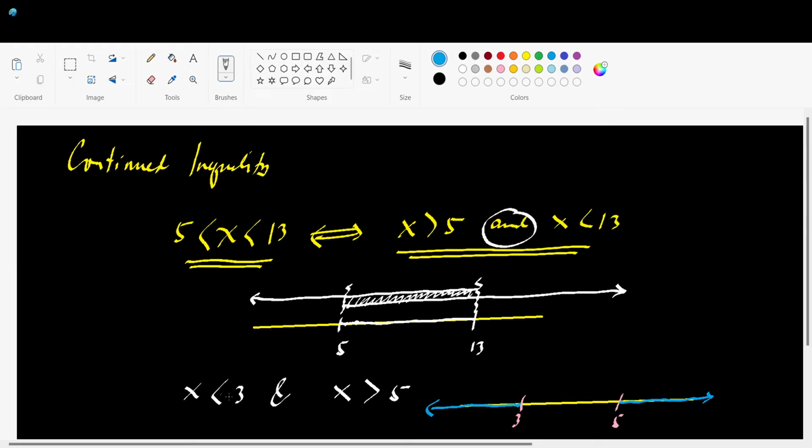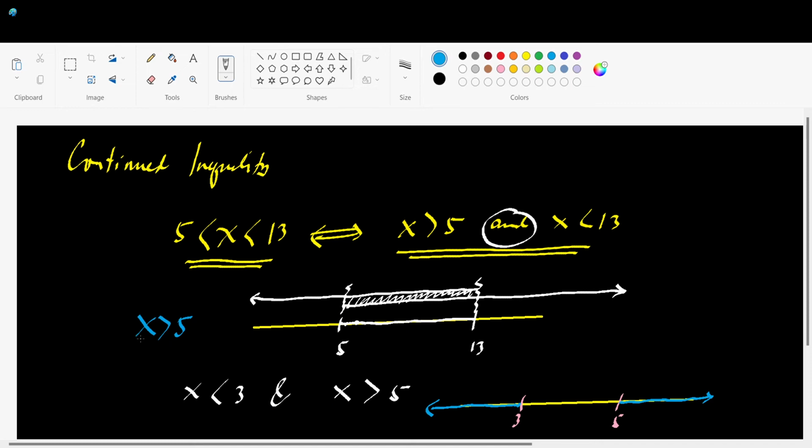We cannot write this as x greater than 5. Alright? Yeah, there's no way we can combine these two. We cannot write this as one continued inequality, simply because there is no intersection.